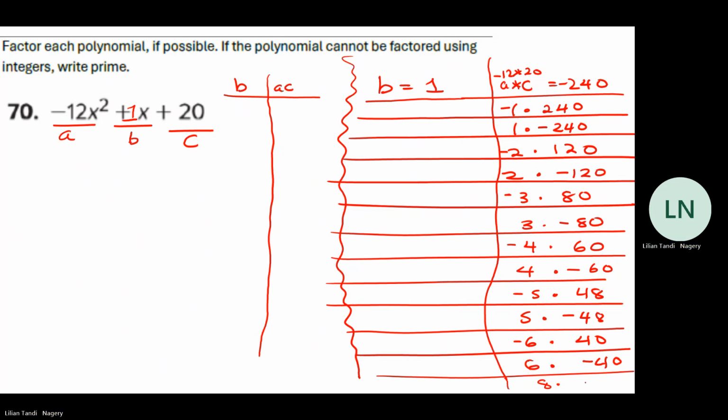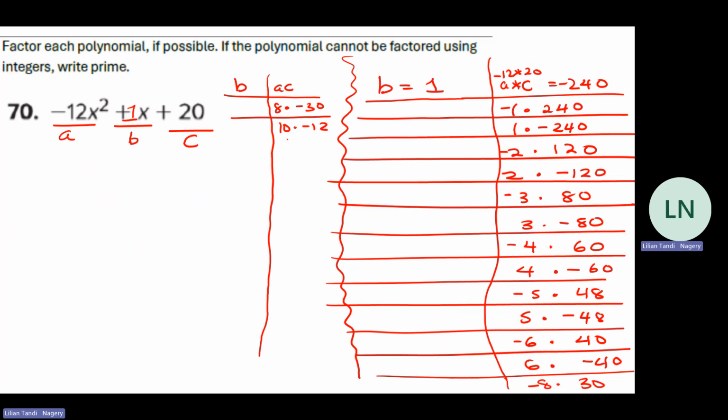Okay. Negative 8 times 30. And here you're going to do 8 times negative 30. Then you're going to continue, 9. I don't think 9 and 24 are friends. Yes, they're not.